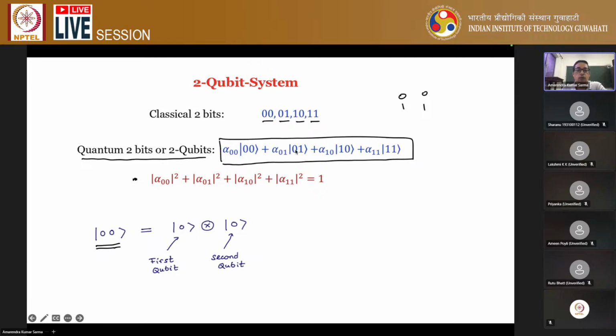For example, here if you have |01>, that means the first qubit is in the |0> state and the second qubit is in the |1> state. And similarly for |10>, that means the first qubit is in |1> and the second qubit is in the |0> state.